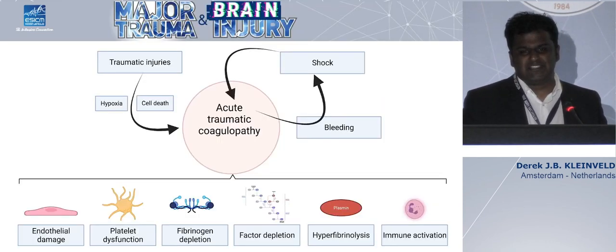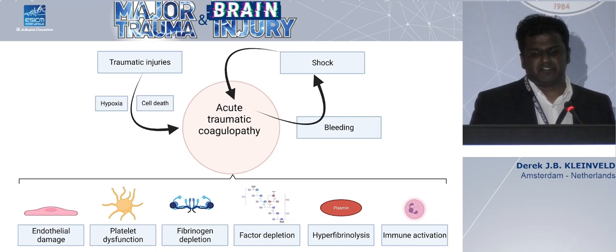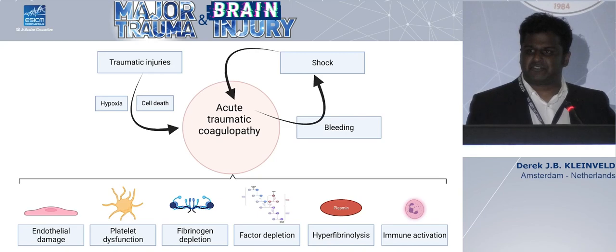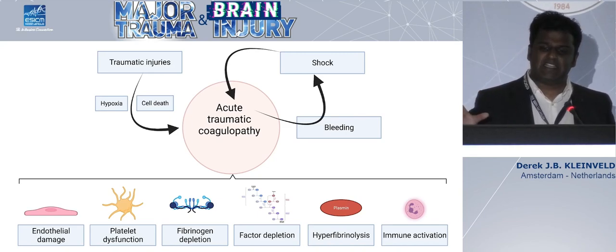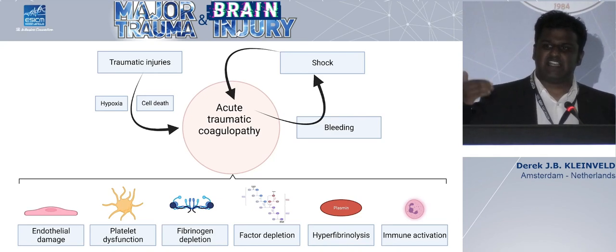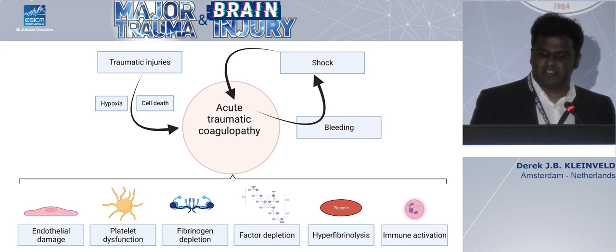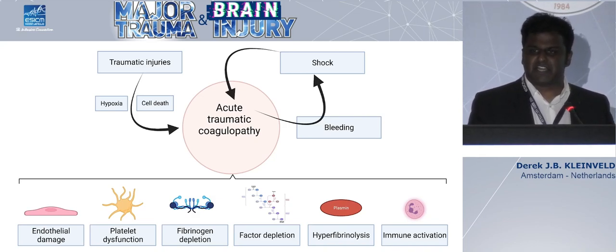To go back to the acute traumatic coagulopathy, you have your traumatic injuries, your hypoxia, your cell death, that damages most of those cells, such as your endothelial cells and your platelets. You have your bleeding, which initiates shock, and then further worsens your acute traumatic coagulopathy. So this is sort of a vicious cycle.